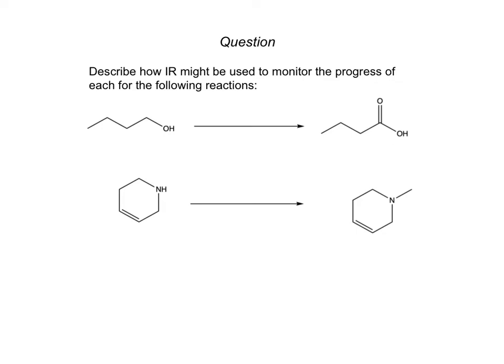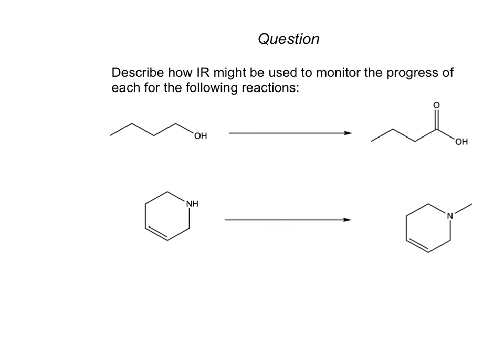We went over both of these in class, so I'm going to briefly review them. I don't necessarily care how we're getting to the products. Here we have our reactant, here we have our product. How do we know whether or not we have been successful using IR spectroscopy and the peaks we're going to find in the IR spectrum for both the reactants and products?